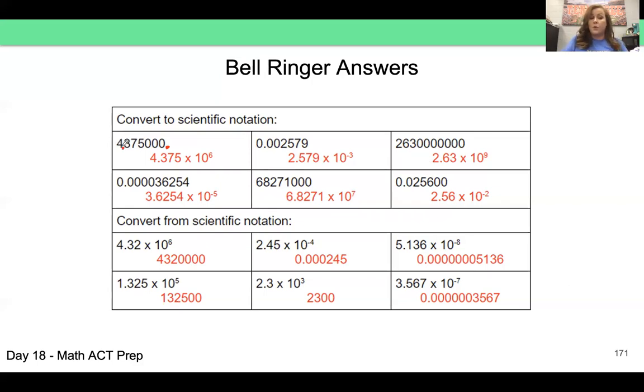So we would do 4.375, and you write that down. It's always times 10 to some power. This is the magic number here. And since the decimal was here and now it's here, you just count 1, 2, 3, 4, 5, 6. So that's why that is a 6.